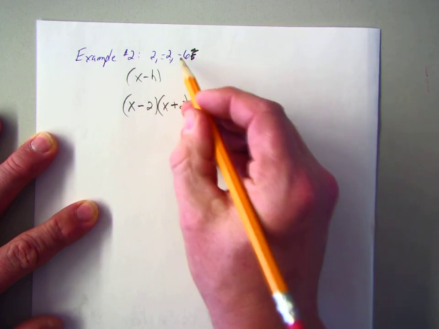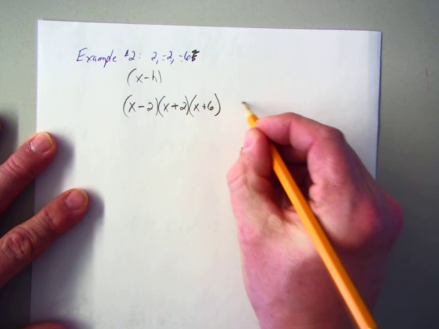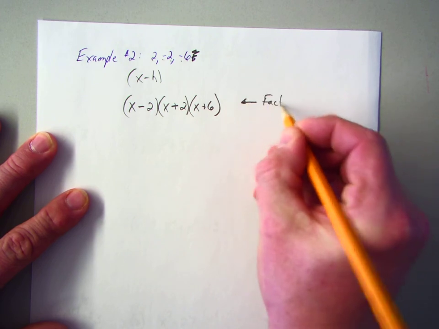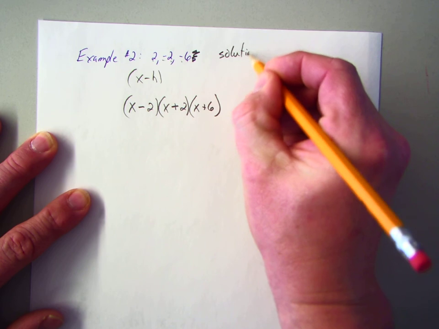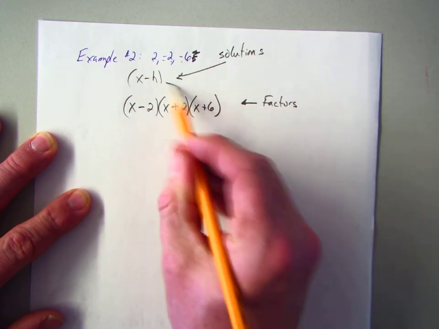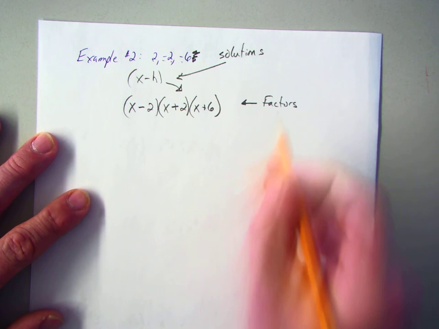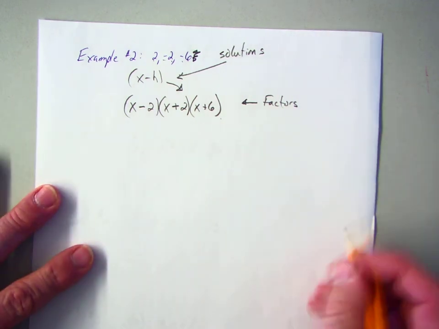And then x minus a negative 6, so that becomes positive 6. So now these are factors. We took solutions, used this formula, and out came our factors. Now we're going to take these factors and multiply them out to come up with our polynomial function.